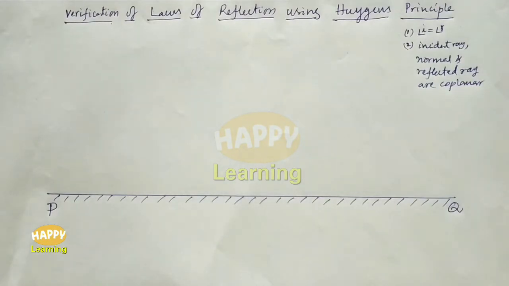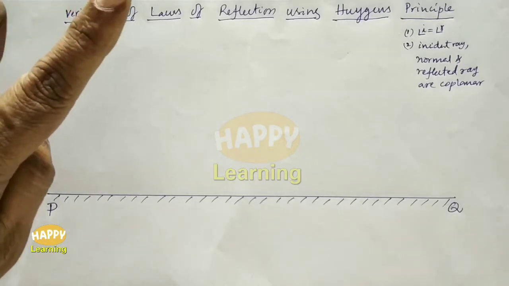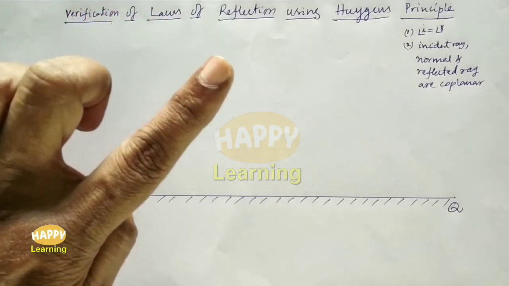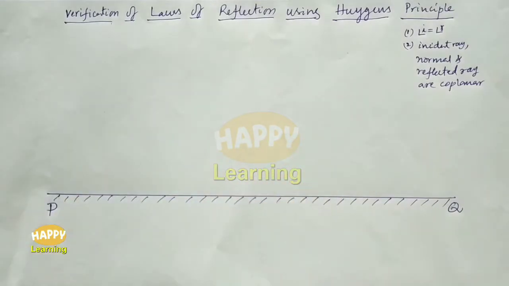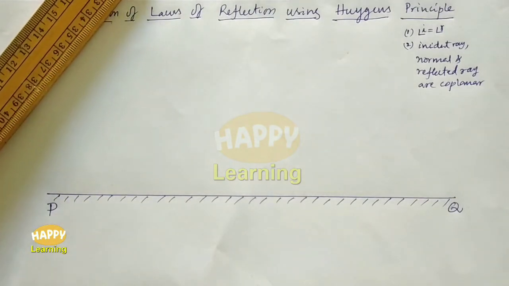Suppose there is a wavefront coming from infinity. Whenever it is coming from infinity, it will be a plane wavefront like this. This wavefront is approaching the reflecting surface. So here I will draw a reflecting surface and a wavefront.